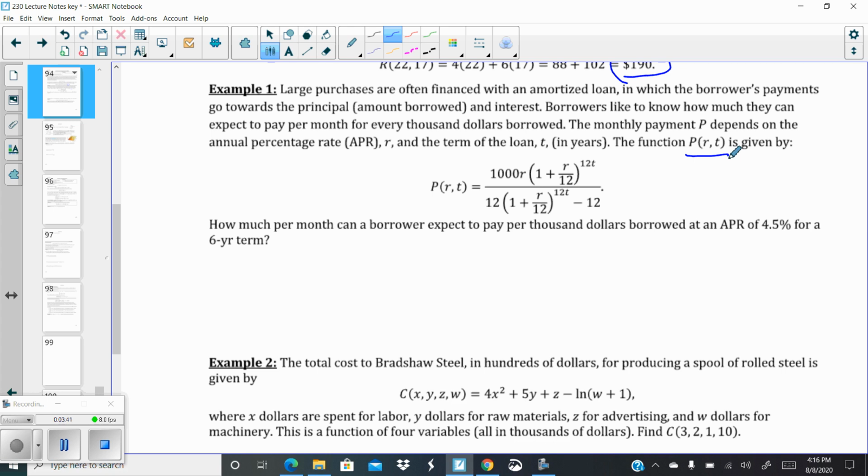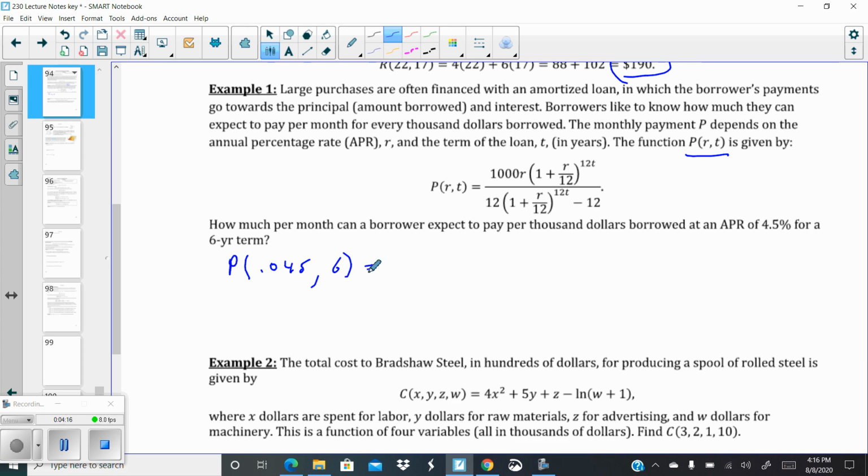How much per month can a borrower expect to pay per $1,000 borrowed at an APR of 4.5% for a 6-year term? Well, that means what we're trying to find is P of, and let's see, what's the rate first? We're going to write that as not 4.5%, but 0.045. And a 6-year term, so 6. So we want P of 0.045 comma 6.